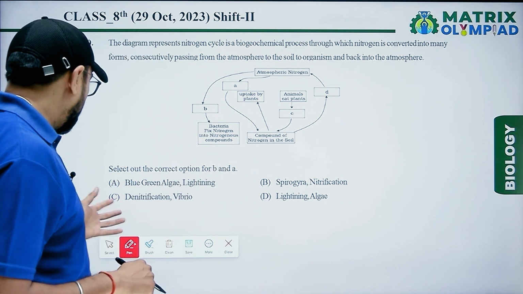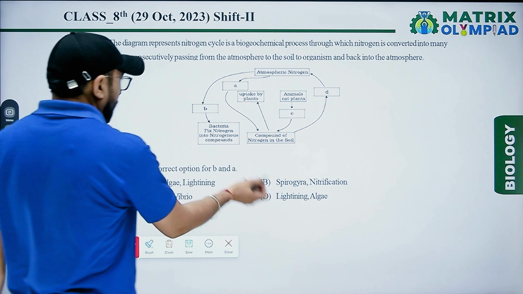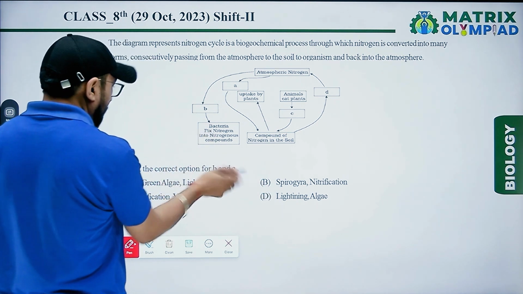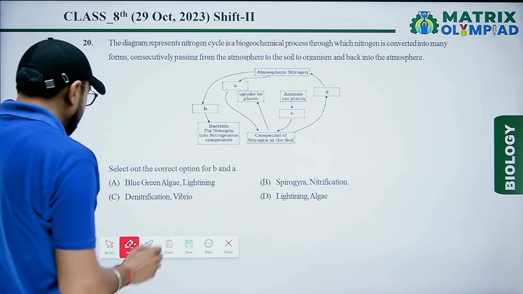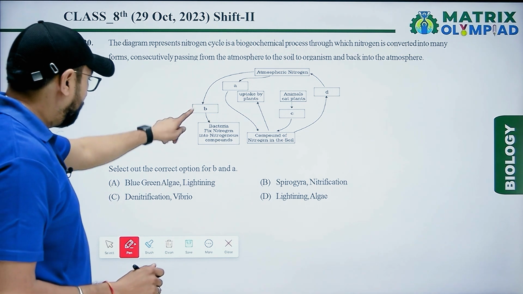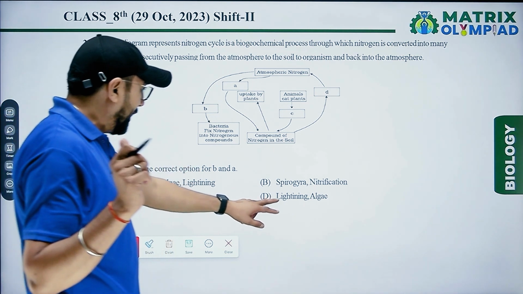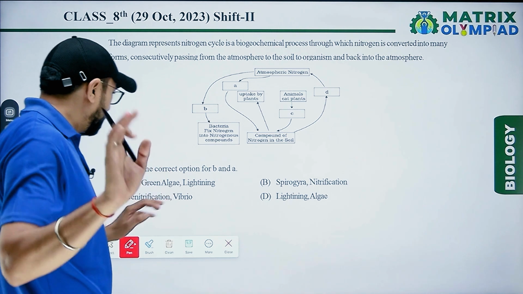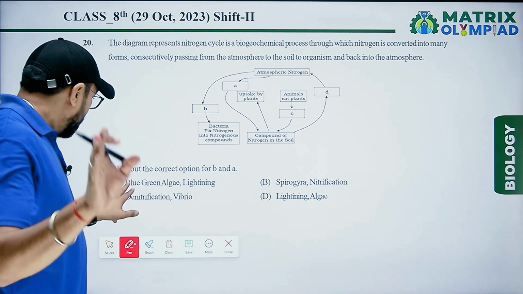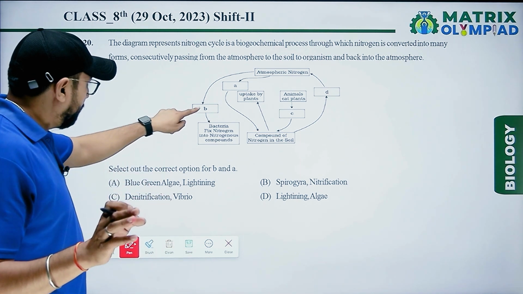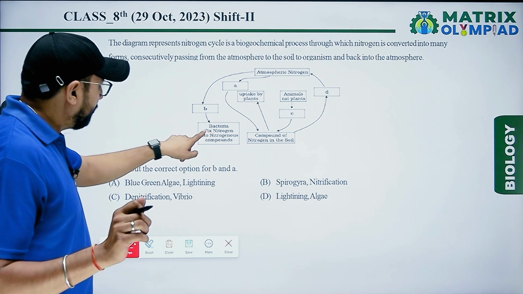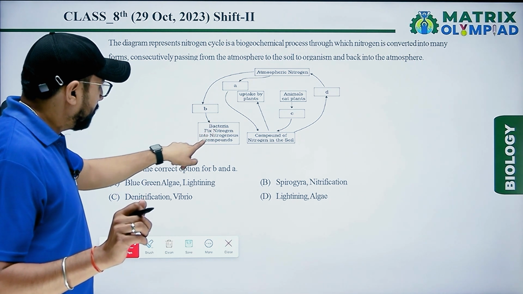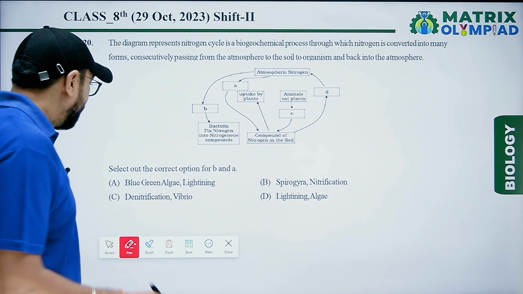So according to the options, Spirogyra, no. Blue-green algae, yes. Denitrification for B, no. And lightning for B, no. So match blue-green algae for B. Bacteria fix nitrogen into nitrogenous compound, that is right.